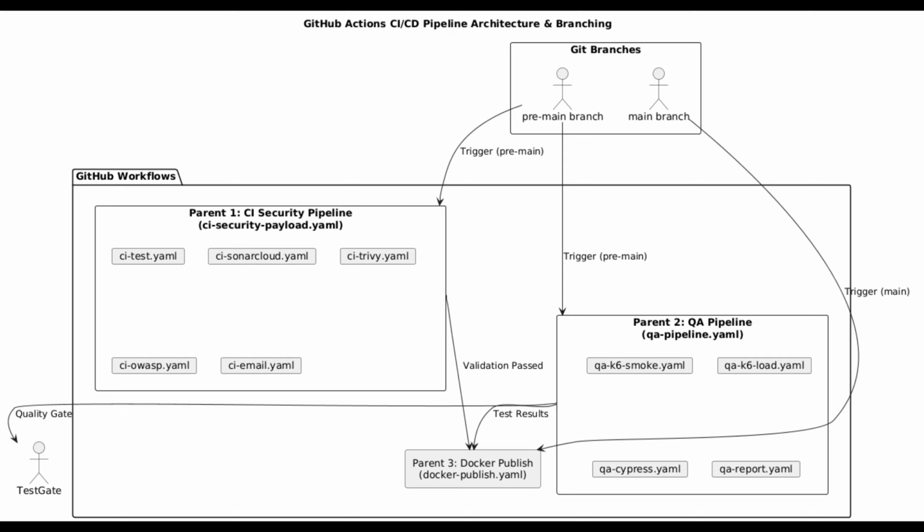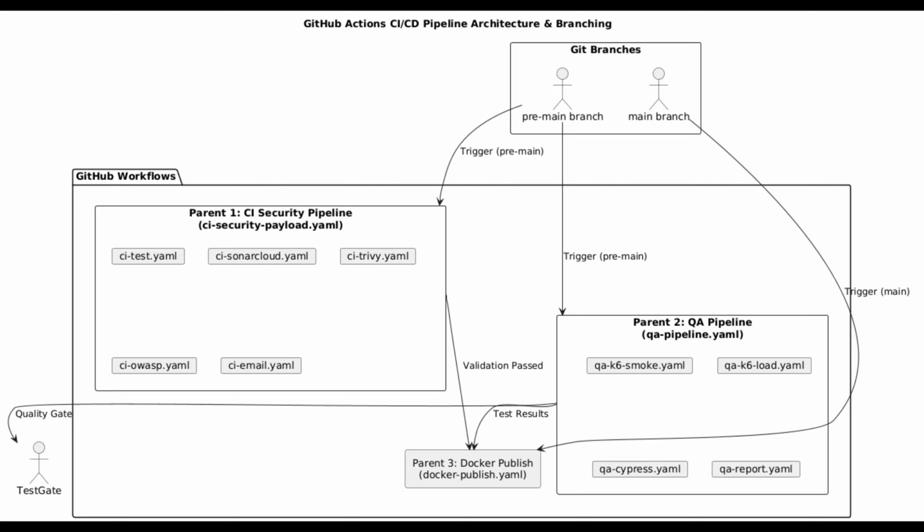So all of these YAMLs are prepared, and the parent pipeline uses all of them as paths and triggers them. Instead of a single YAML file, the parent YAML uses the names of these YAML files, and the purpose of the CI security payload YAML is simply to trigger all these pipelines. The same is for the QA pipeline, which is the parent YAML file.